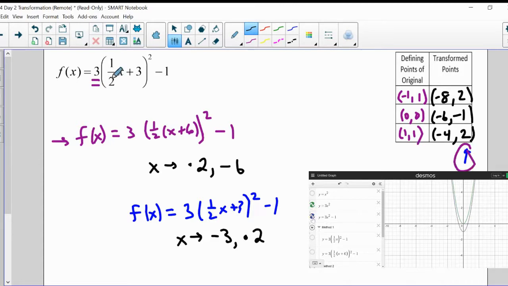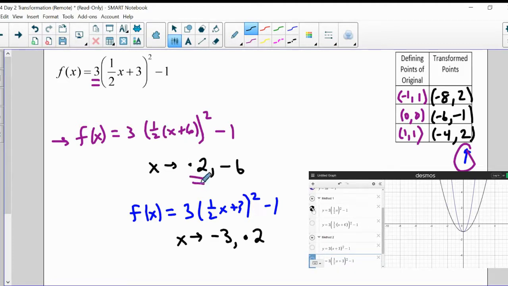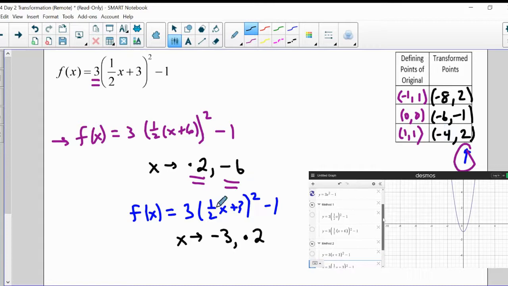But the x values, we can do method 1, which would mean factoring out the 1/2, which means we divide by 1/2 or multiply by 2 first, and then subtract 6. So multiply by 2 gives me negative 2, subtract 6 gives me negative 8. And same, 0 times 2 is 0, minus 6 is negative 6, 1 times 2 is 2, minus 6 is negative 4. Or we can leave it unfactored.